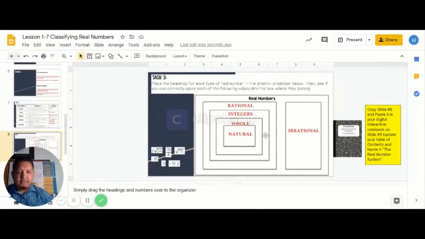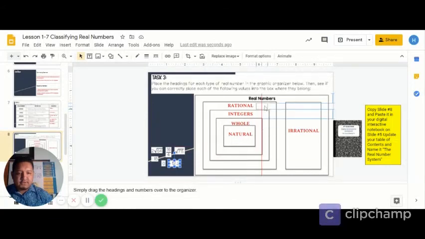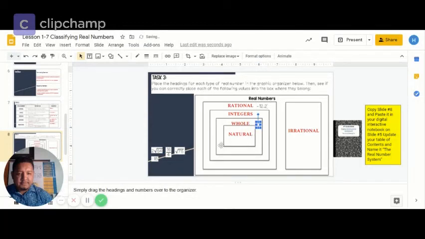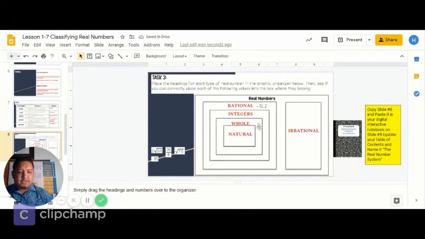All right, now that you are back, let's make sure that you have placed these numbers in the correct place. So negative 12.2 is a rational number because it has a decimal. Now, number 0 is a whole number because that is the first place where 0 fits.